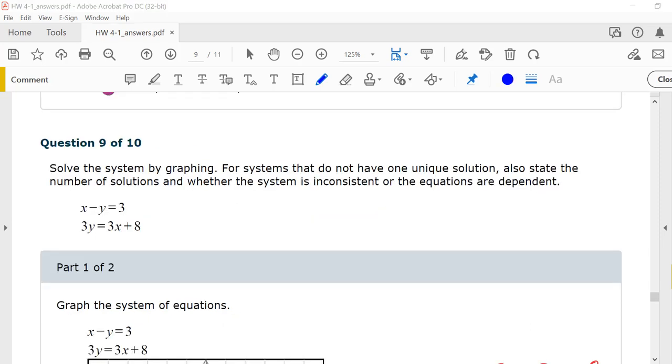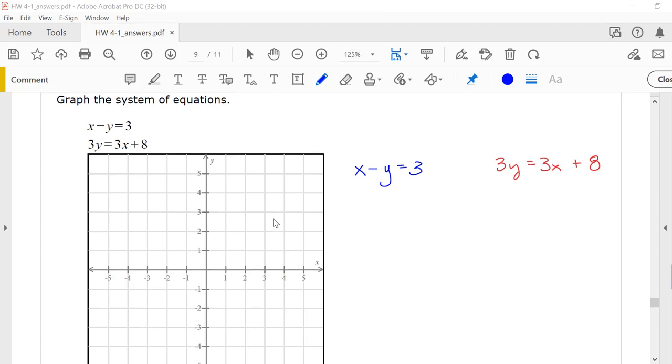Question 9. Solve the system by graphing. Okay, my blue equation is going to be x minus y equals 3. I need to subtract x from both sides. Negative y equals negative x plus 3. Then divide everything by negative 1.